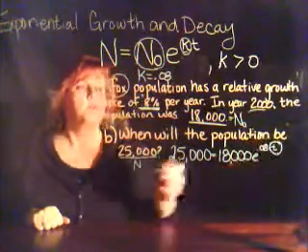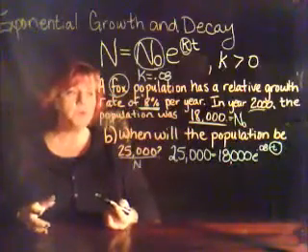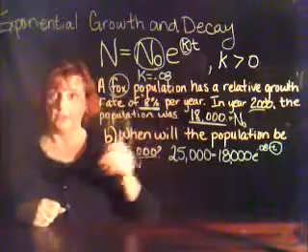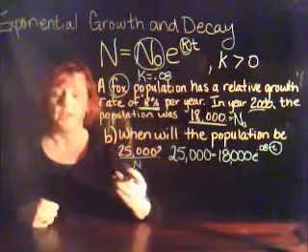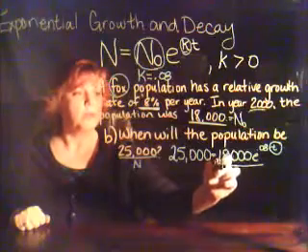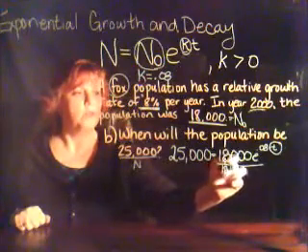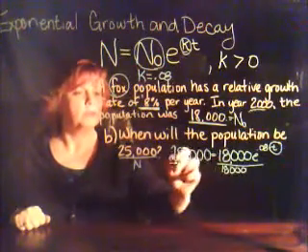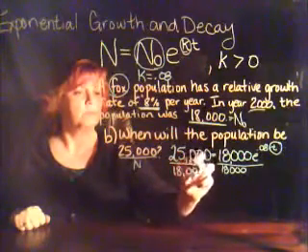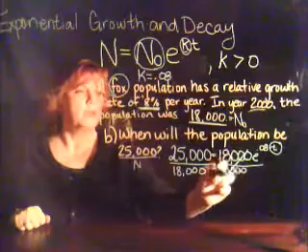Now I'm going to solve for t. That's a little bit more difficult, but you're going to do a lot of these, so pay attention because they're going to start to feel a lot the same. The first thing I want to do is get rid of this coefficient, so I'm going to divide by 1,800. That cancels.